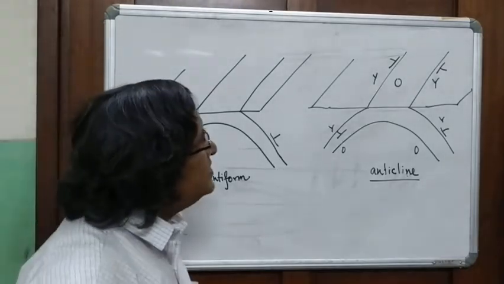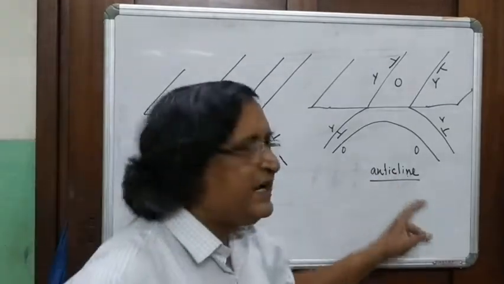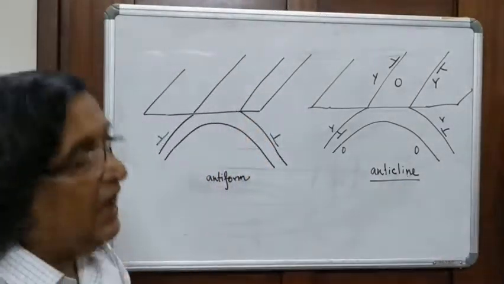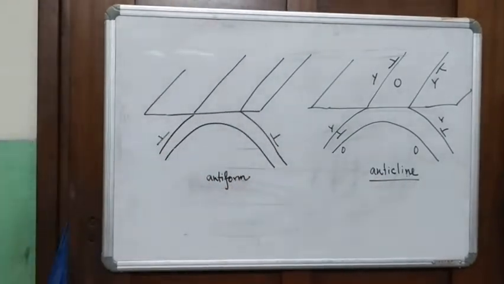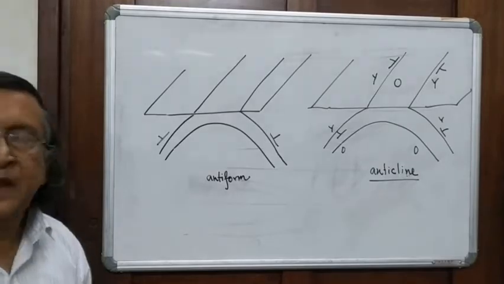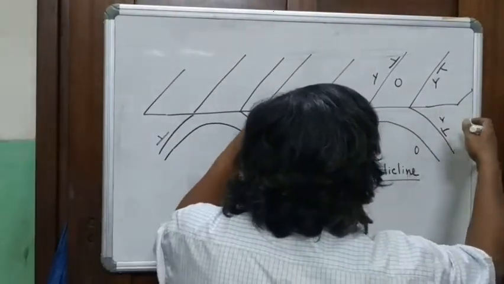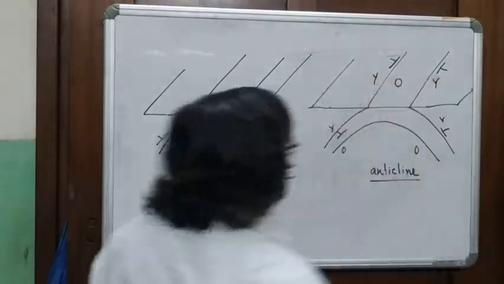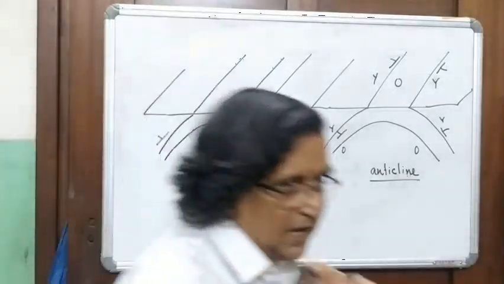So what is the difference between an antiform and an anticline? An anticline is essentially an antiform, but with younger rocks in the flanks and the older rocks at the core. That is the important part.